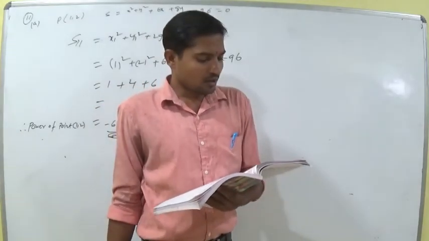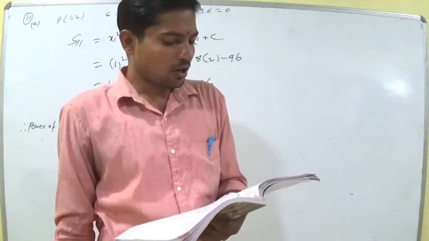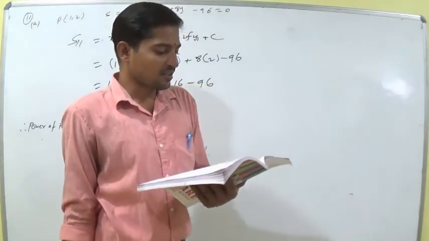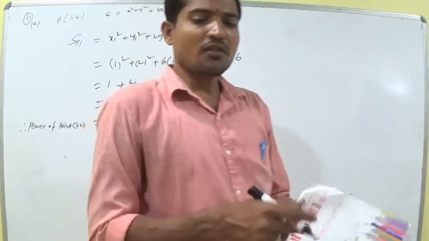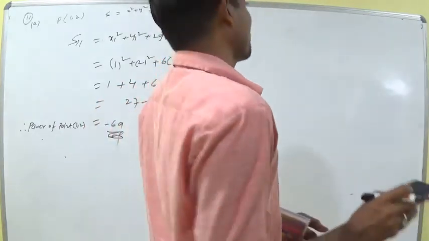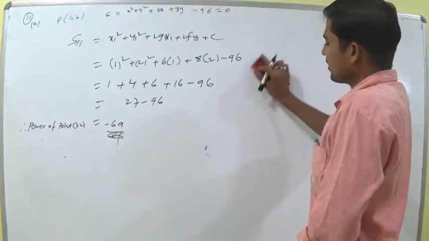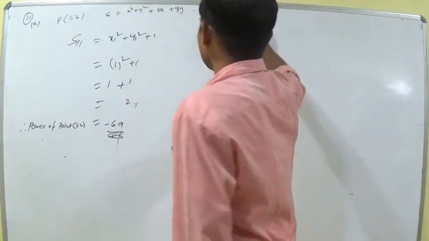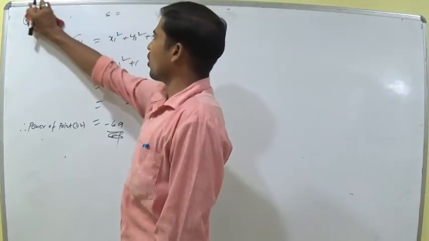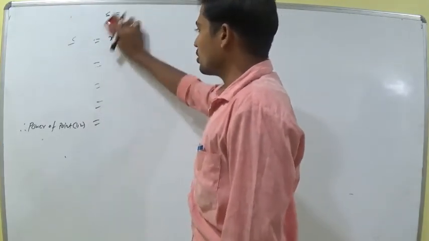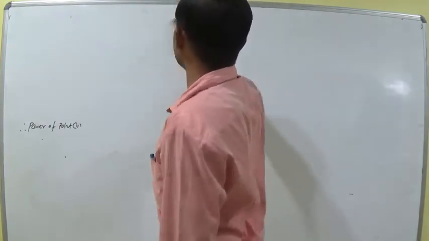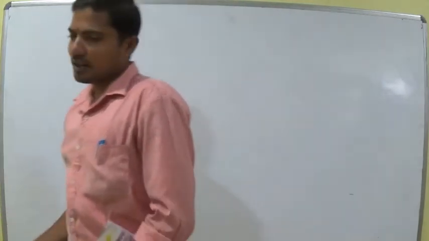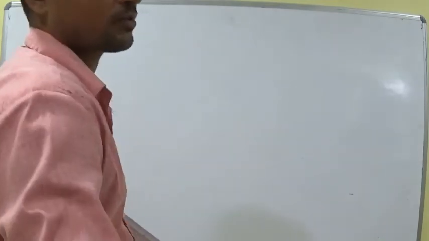12th one. The equation of the circle having center (-1, 2) and passing through (5, 6) is, we have to find. Center and radius are given, then we can find the equation of a circle, but here center and one point are given. Before going to find the equation of a circle, let us decide the radius of a circle. Radius of a circle is the distance between two points.